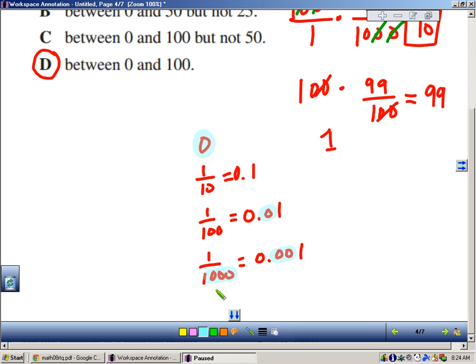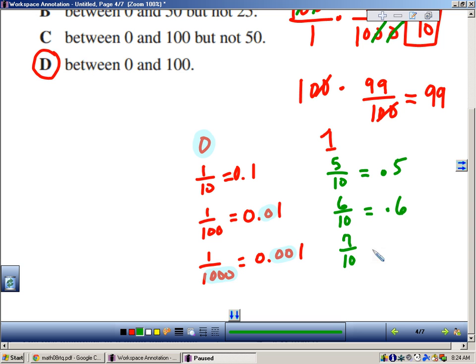Now, fractions closer to 1. Well, let's see, a half would be something like, let's say, 5 over 10. That's a half, or 0.5. And then if I say 6 over 10, that's 0.6. See that? 7 over 10, that's 0.7. And then, of course, about 9 over 10, that's 0.9.